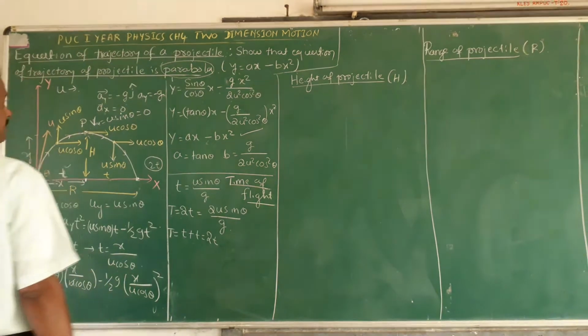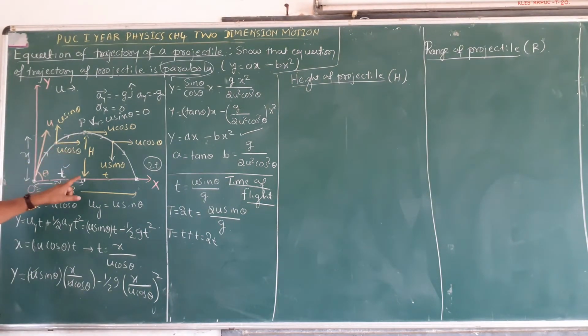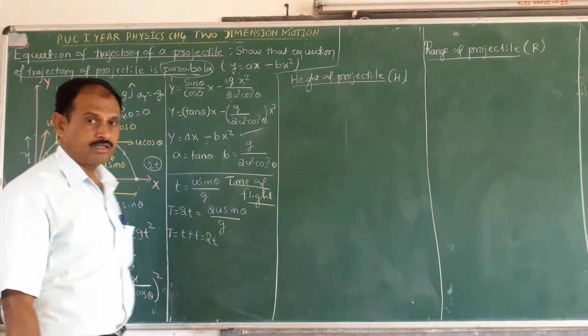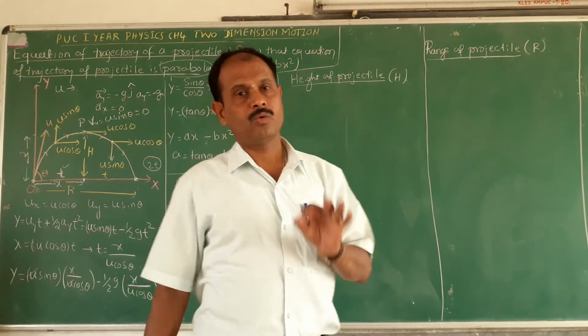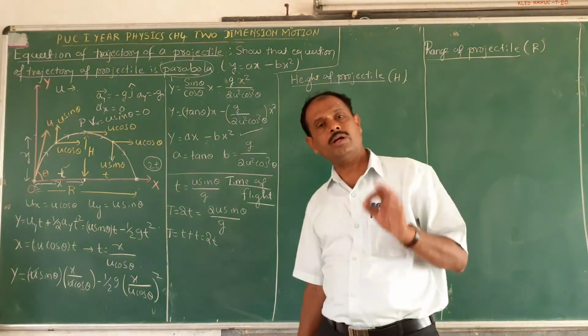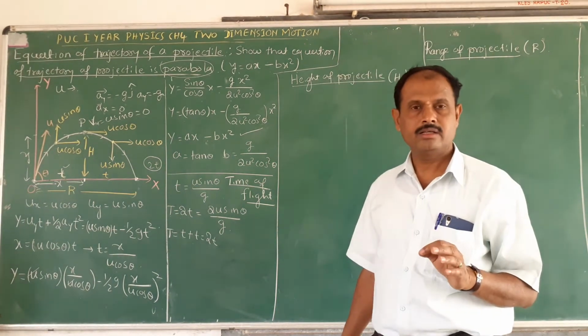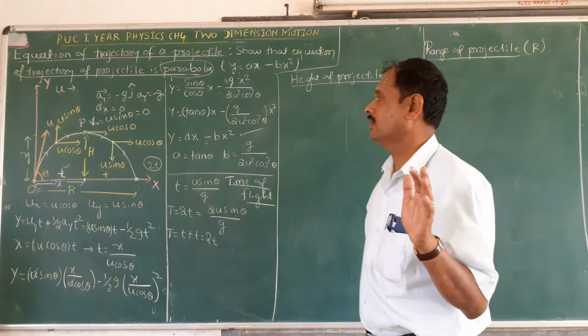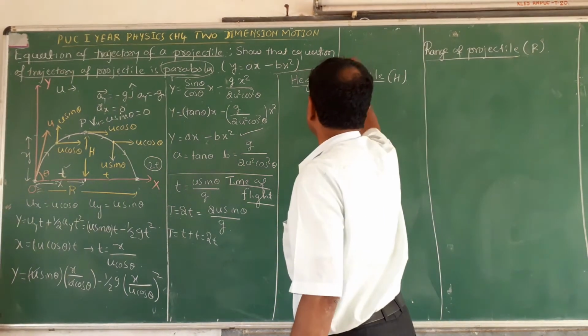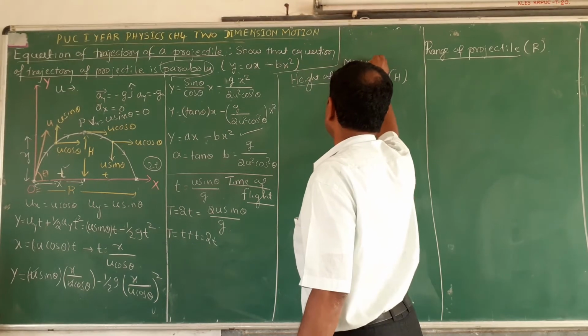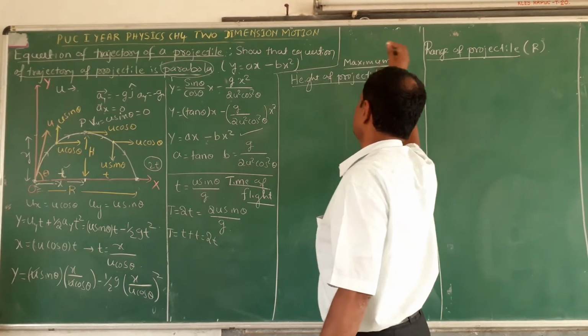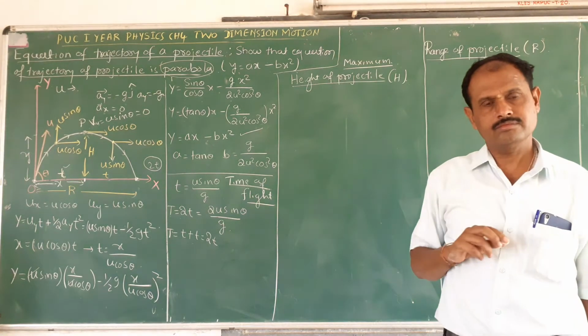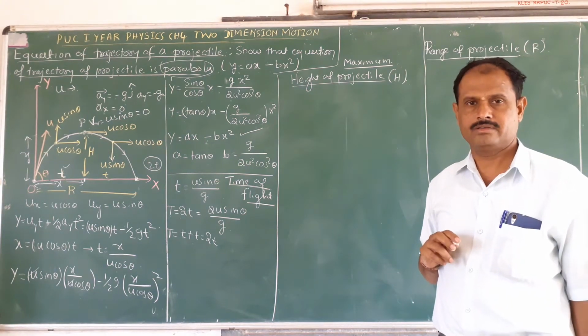Now, you obtain the expression for height of the projectile. What is the meaning of height of the projectile? The maximum vertical distance covered by the particle in the projectile motion is called height of the projectile or maximum height of the projectile.